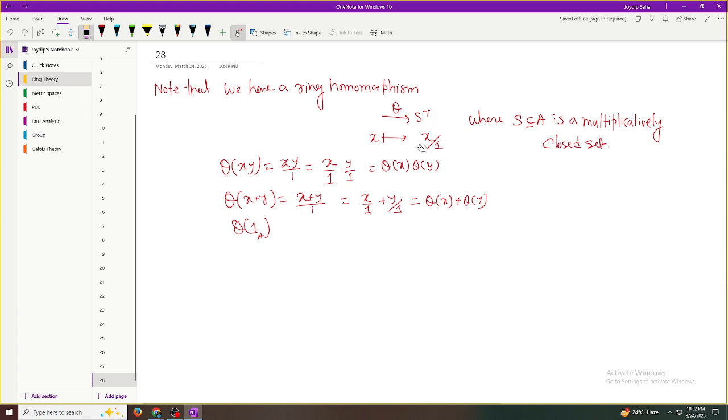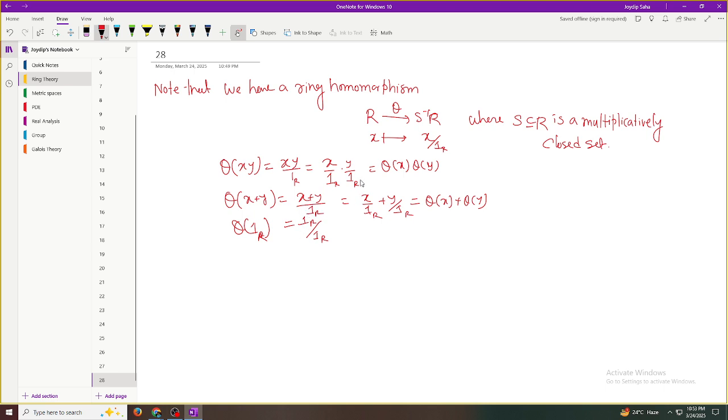I should write R. All 1 means 1 R. I should write 1 R. Without loss of generality, we assume 1 equals 1 R.